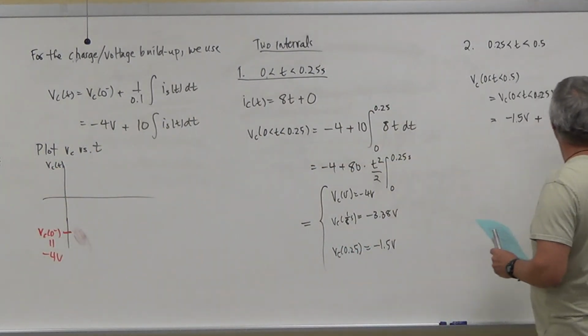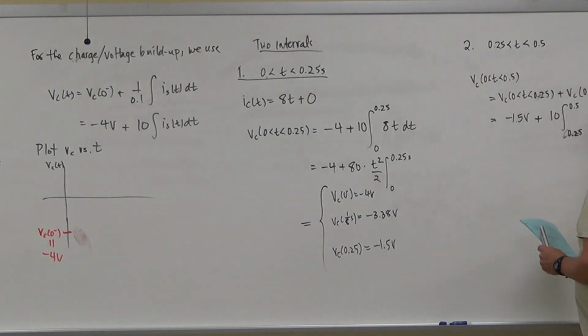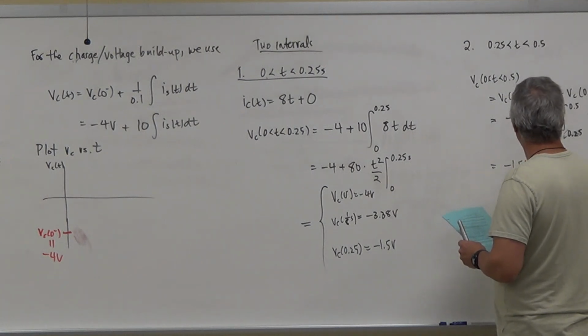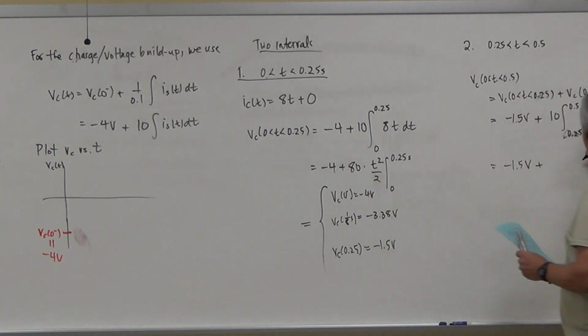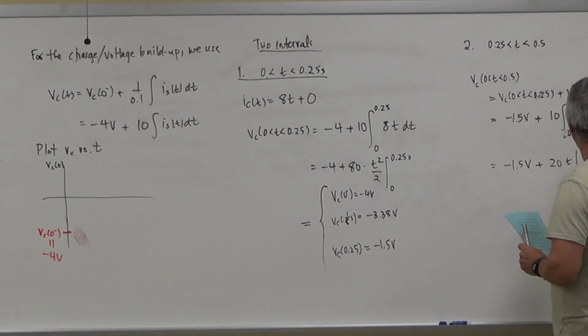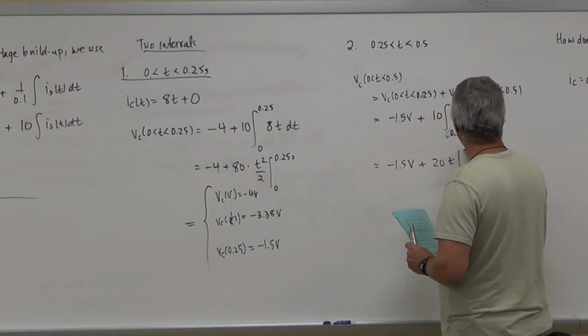So then I'm going to go 2 dt here. If I integrate this guy, I'm getting -1.5 V plus I got 2 times 10, which is 20. So then I should get 20t, where now I'm looking at these intervals right here.